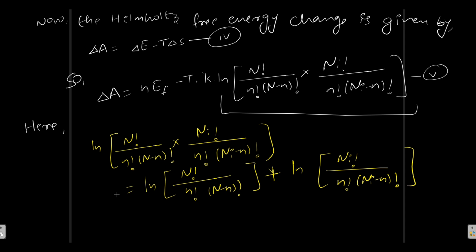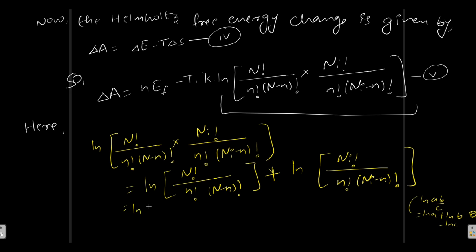We get this much. Now we need to apply another property of logarithm, that is ln of a b by c will be equal to ln a plus ln b minus ln c. This is the formula, right? So this behaves as a, this behaves as b, and this will behave as c.